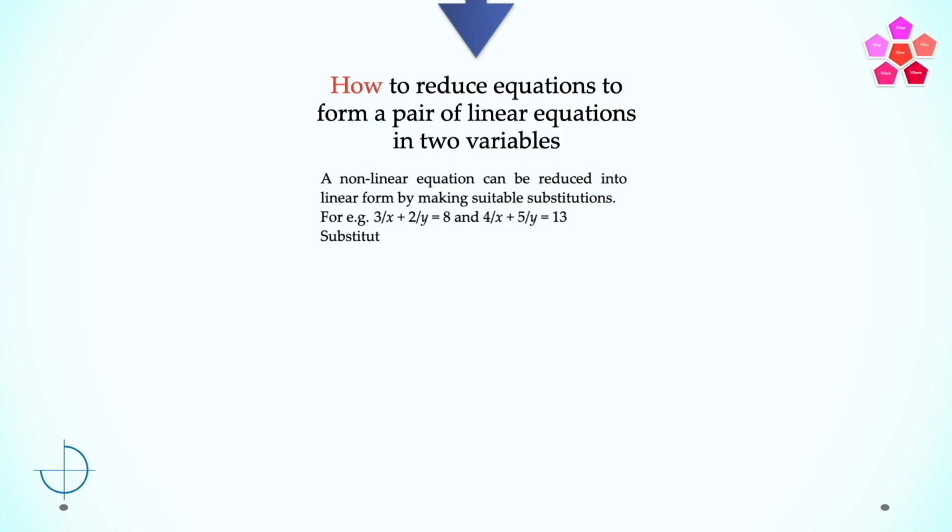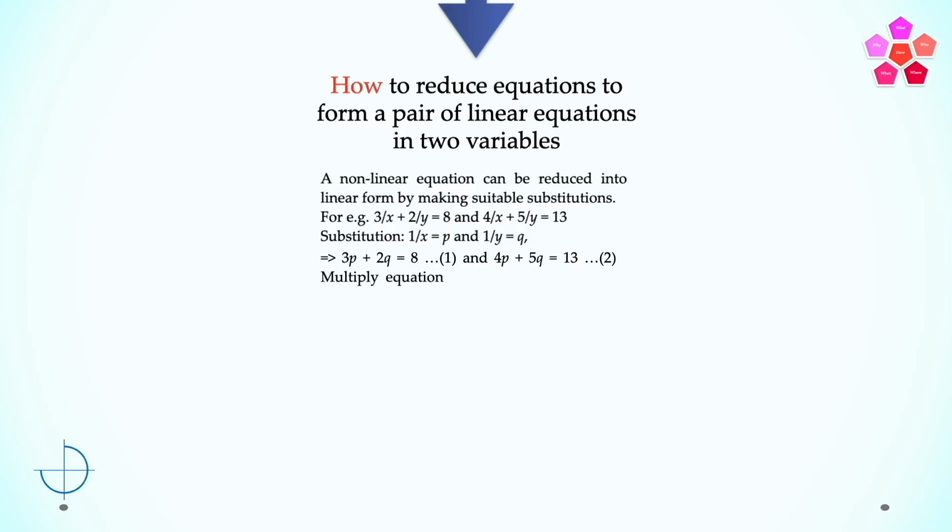By substitution, 1 by x is equal to p and 1 by y is equal to q, we get 3p plus 2q is equal to 8, which forms our equation 1, and 4p plus 5q is equal to 13, which forms our equation 2. Interesting that a simple substitution converted the equations to a pair of linear equations in two variables, and now the equations can be solved as per what we have learned earlier.